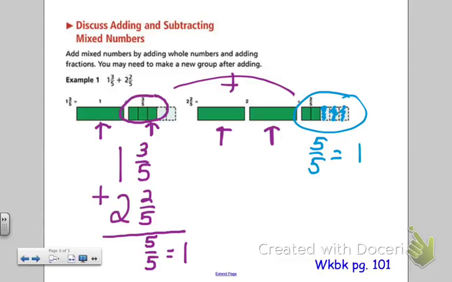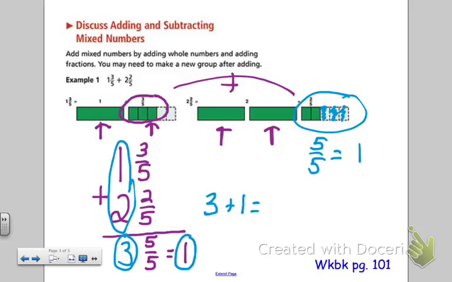Now that I'm done adding the fractions, now I can add the whole numbers. The whole numbers always come last. 1 plus 2 is obviously 3. So we have 3 for this set of whole numbers, and then don't forget about this whole number that we created with the 5/5. I now have 4 wholes. 1 3/5 plus 2 2/5 is going to give me 4.